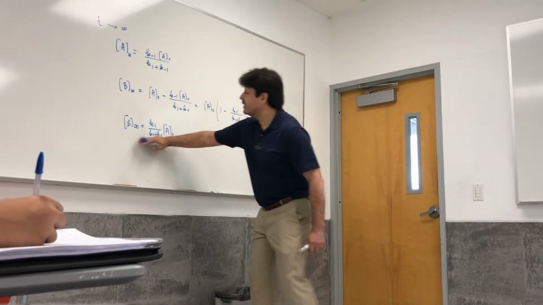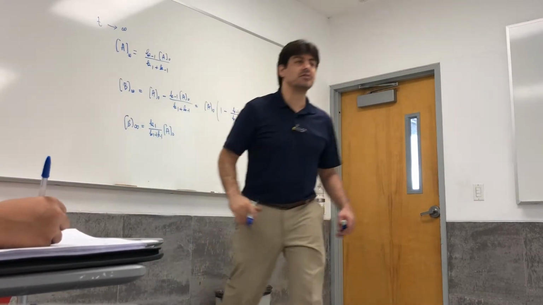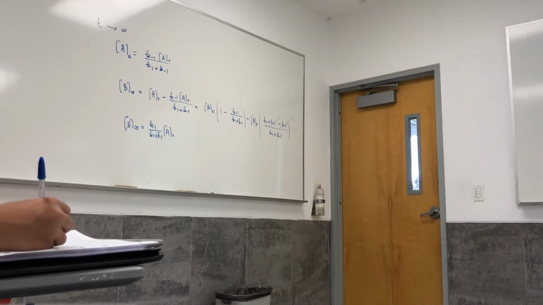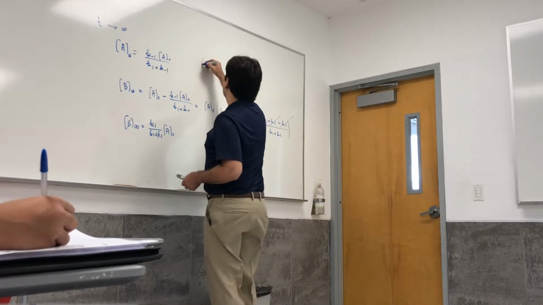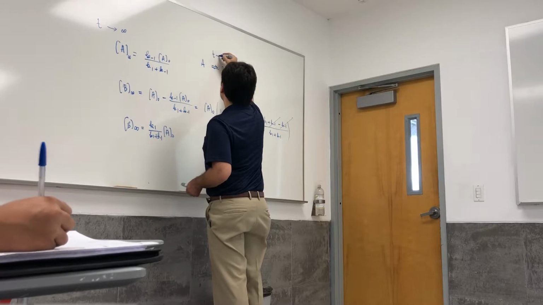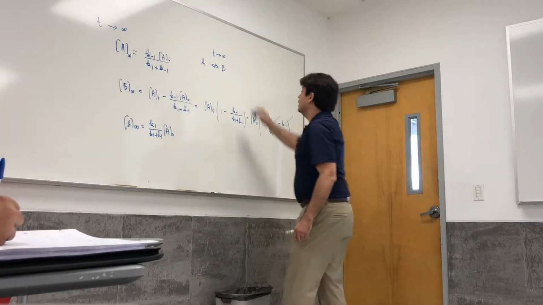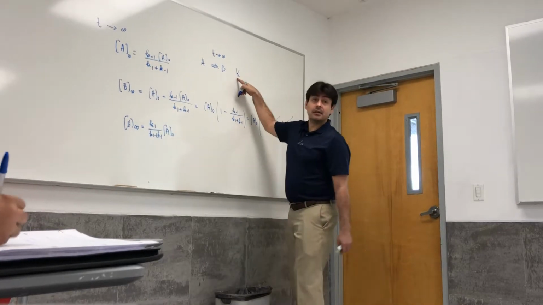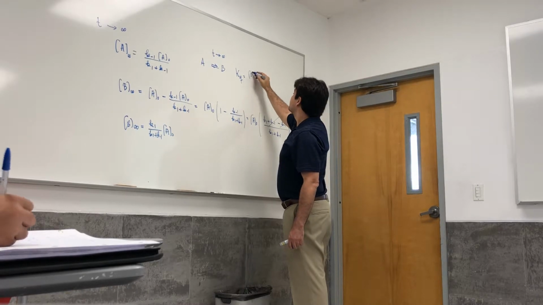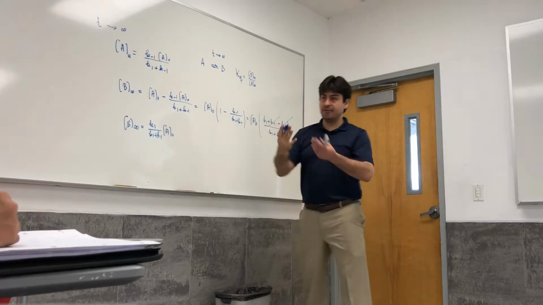So what are these concentrations, A infinity and B infinity? These are concentrations at equilibrium. Exactly. So if this has reacted for such a long time that I'm reaching equilibrium, my equilibrium constant should be the concentration of B over the concentration of A at that infinite time.